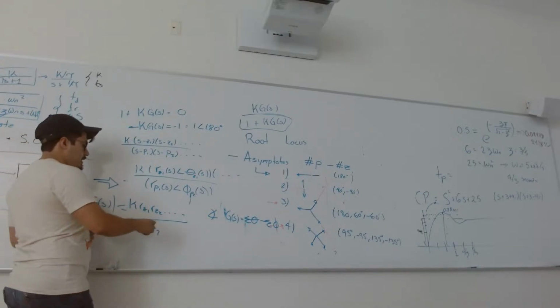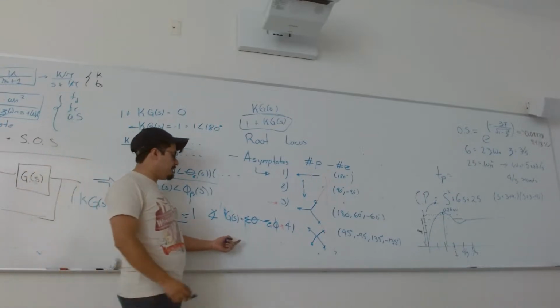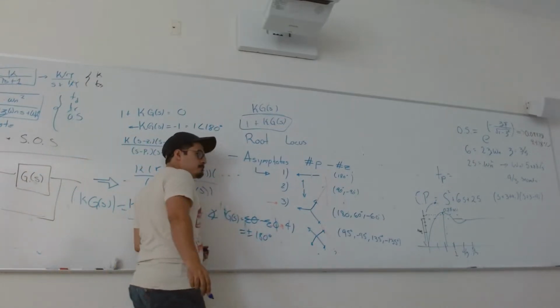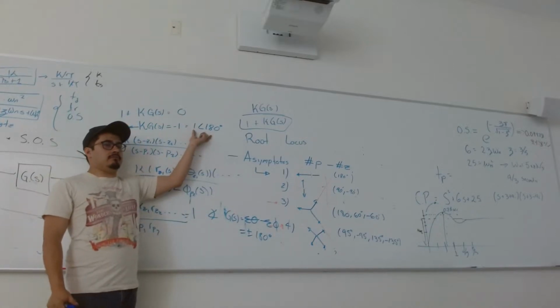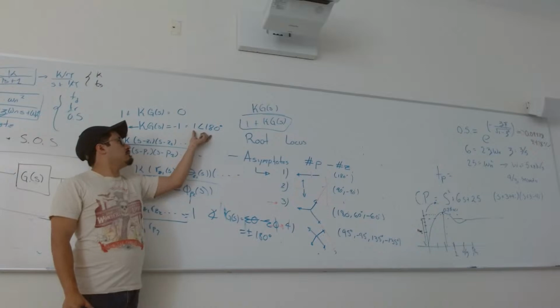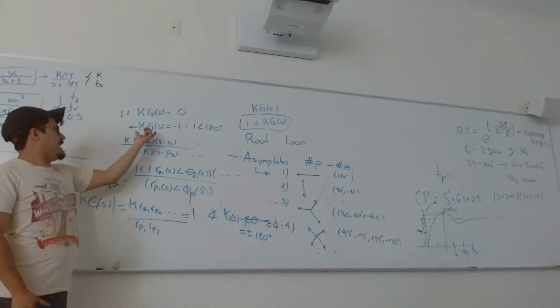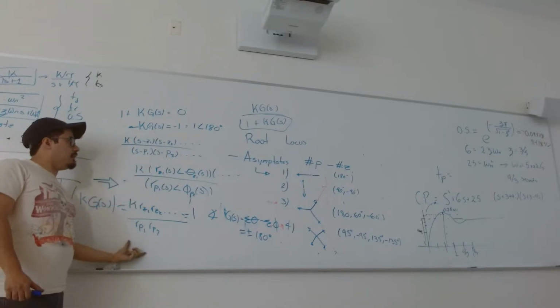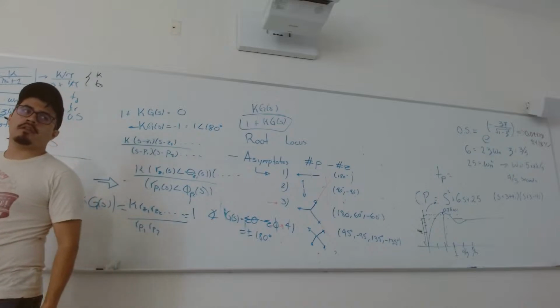The magnitude needs to be equal to 1, and the angle needs to be equal to plus or minus 180 degrees, because I want this. To achieve this, the only way is if the magnitude of this is 1 and the argument is 180 degrees.